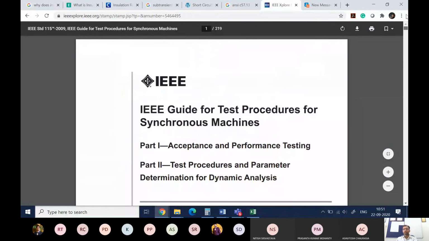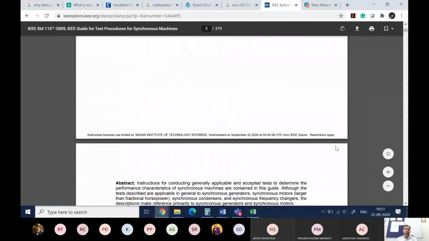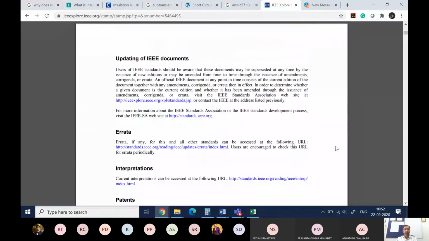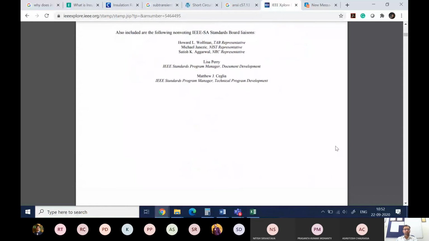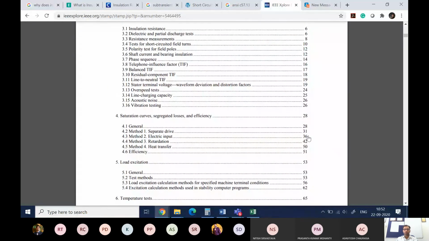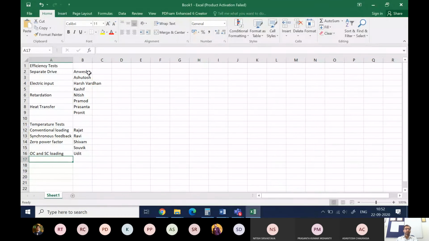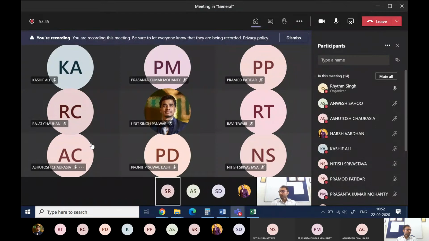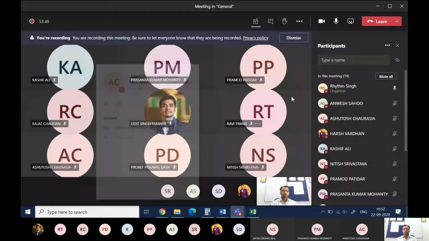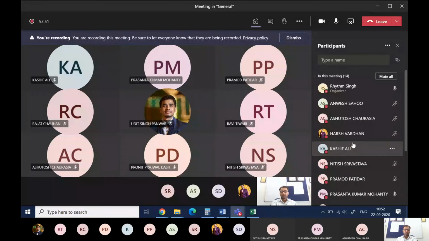So for the efficiency testing methods, wherever there are two partners, you can distribute the work amongst yourselves. Instead of both doing all the work, you can distribute, because these are pretty long methods, most of them. Wherever we have a team of 2 people, you'll see there are a lot of subheadings in each of these. You can divide that amongst yourselves. Okay, sir.